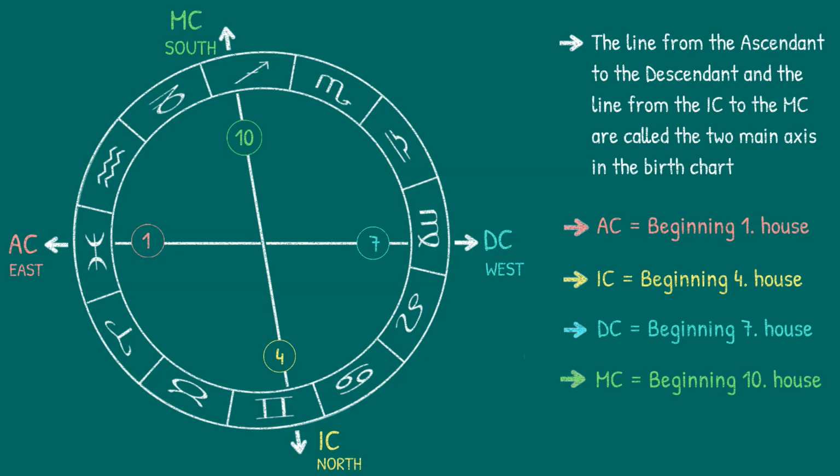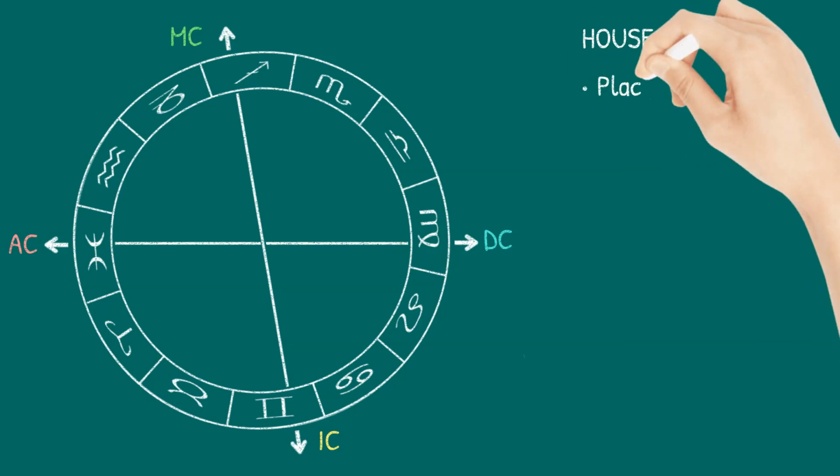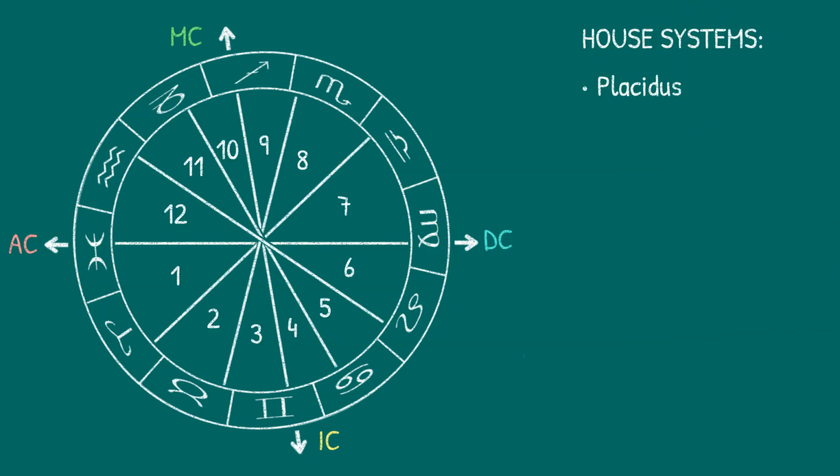The most commonly used house system in astrology is called Placidus, which was created by the Italian clergyman Placidus de Titus in the 17th century. Almost every birth chart you encounter will have the houses calculated using his method.